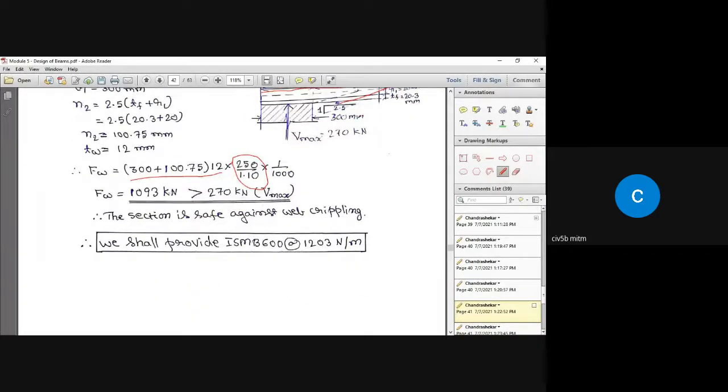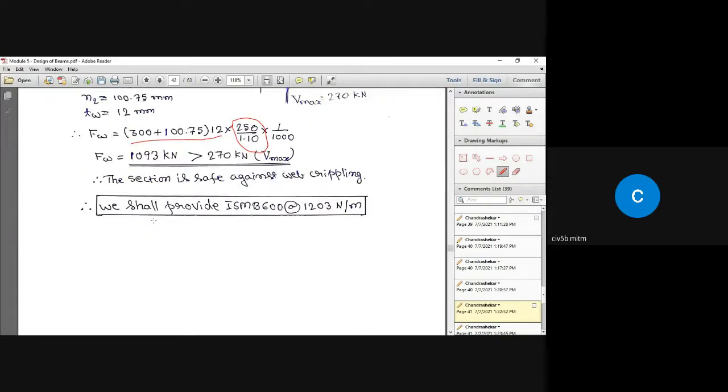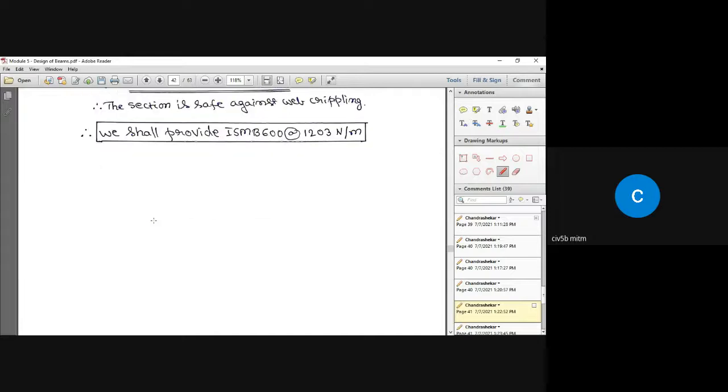I got the value equal to 1093 kilonewton, which is greater than 270 kilonewton. 270 kilonewton again is the design force. So all the checks are done. Whatever section we have selected is adequate to take care of that kind of load coming on the cantilever beam of length 5 meters.